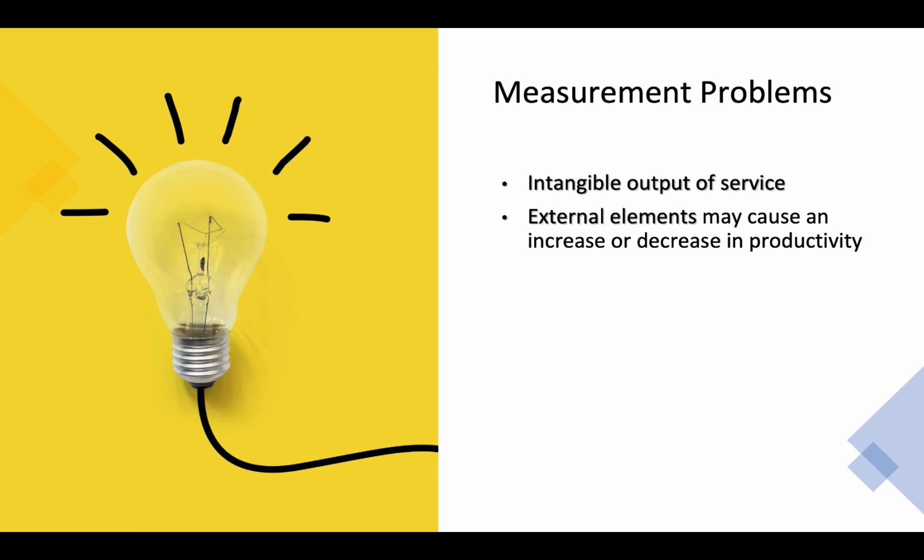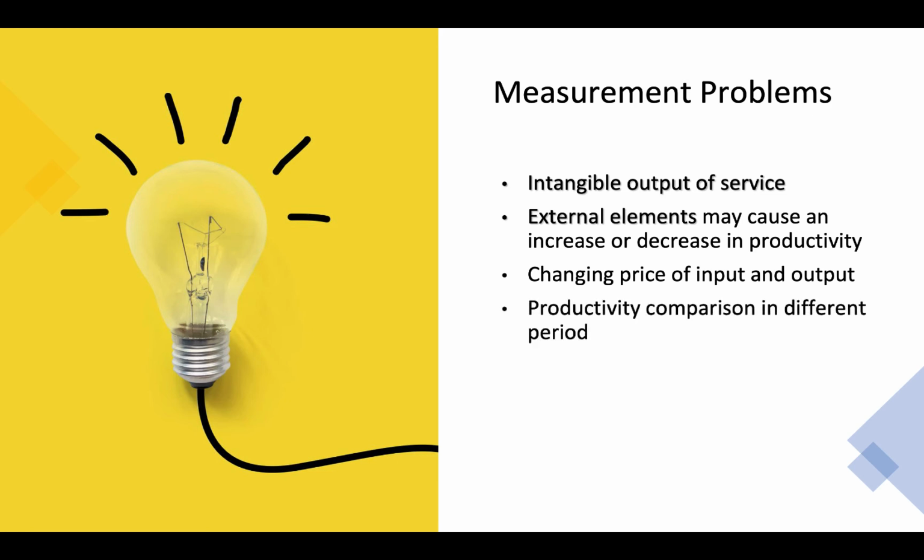Second, productivity is not a closed system. There are external and internal factors that may affect the value of input or output. This is problematic since the value of input and output may change dynamically. This usually happens when we measure productivity in different time periods.